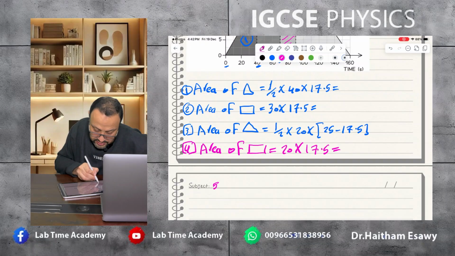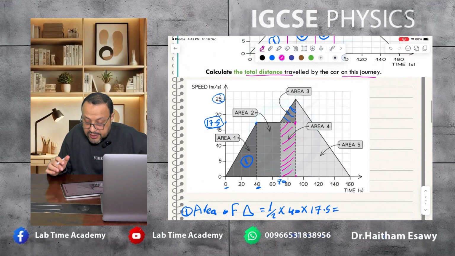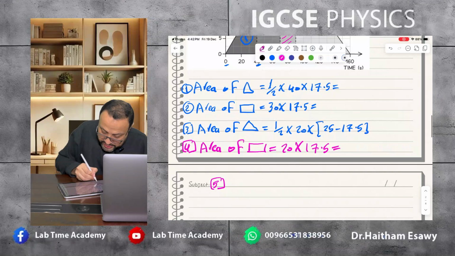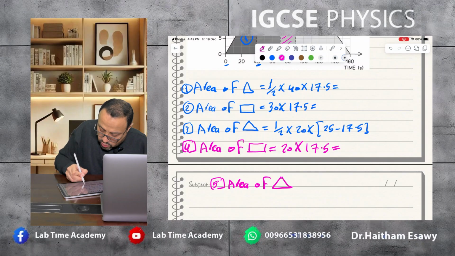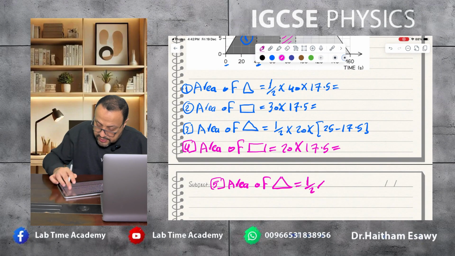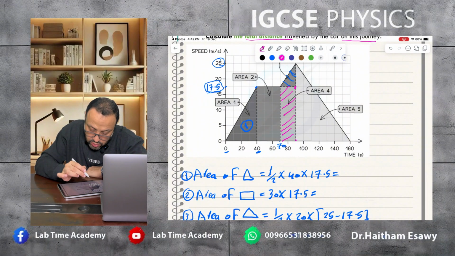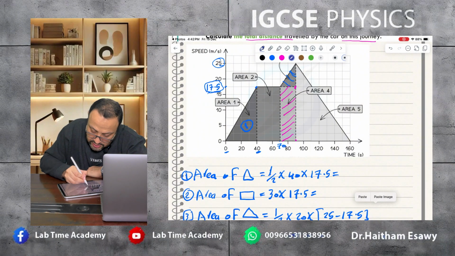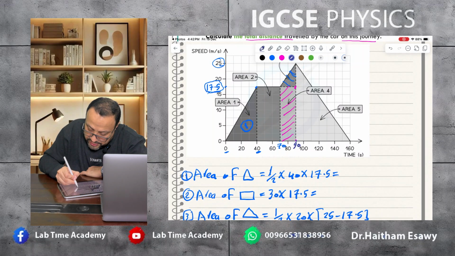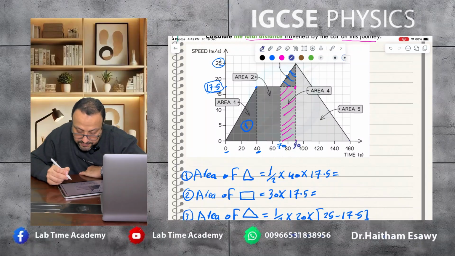Number 5, the area for the last triangle. So area of the last triangle equals half times base times height. The base starts from here. What is this point? Start from 90 and end with 160.